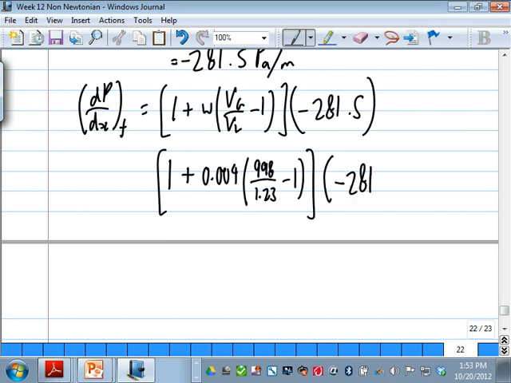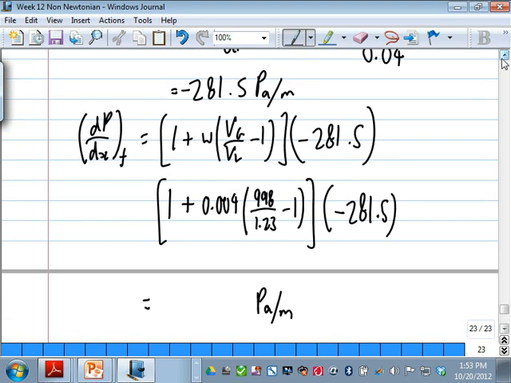Minus 281.5. How many Pascal per meter? Is that correct? v_g is 1 over 1.23. v_L is 1 over 998. So it comes like this. What's the answer? 1194, negative. Okay.